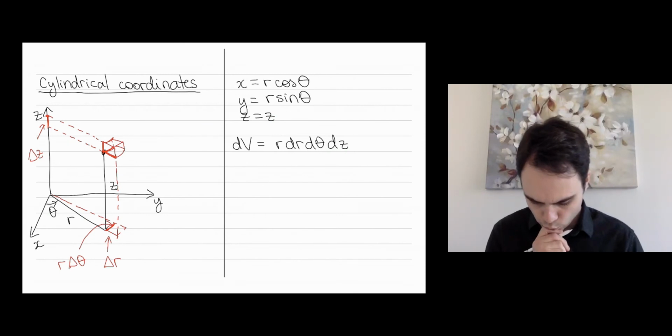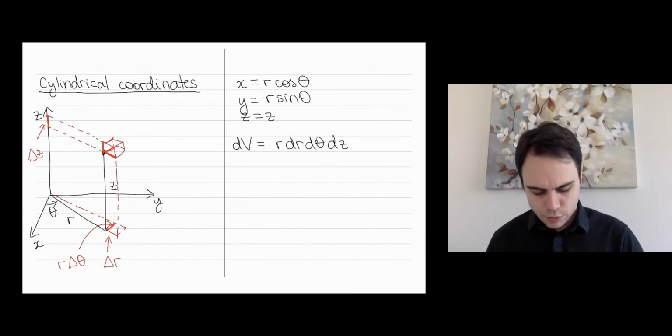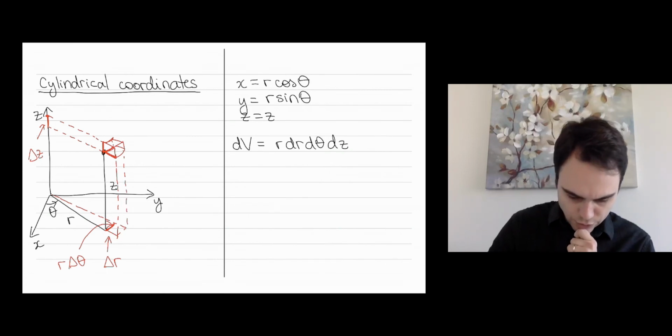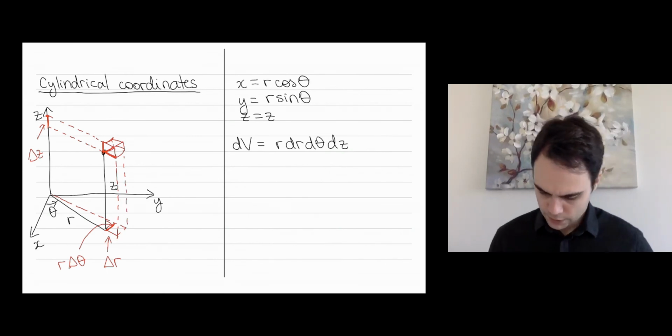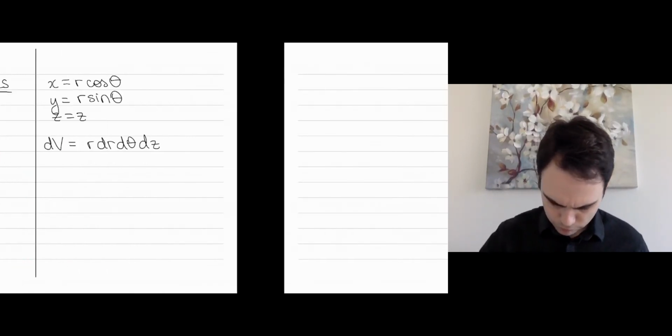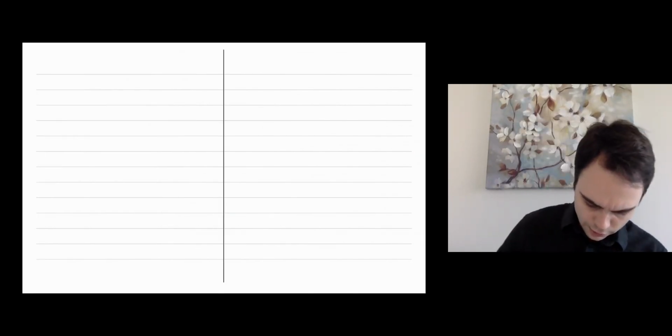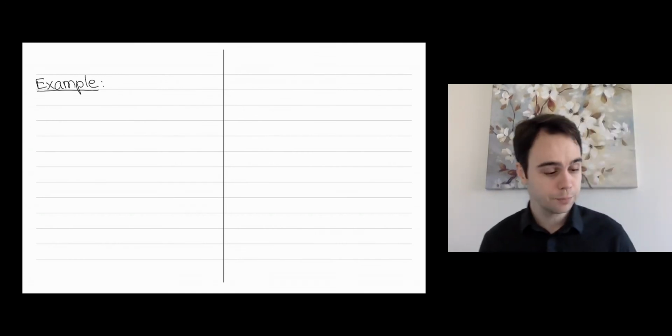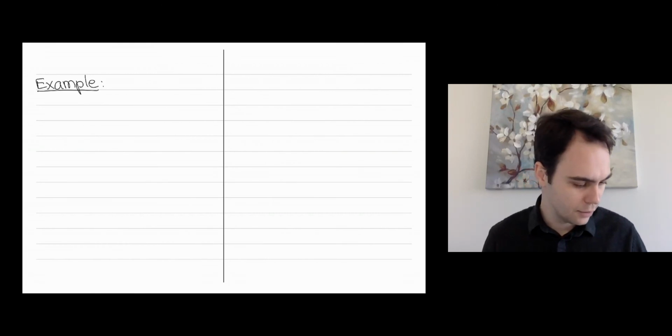Okay, so let's do one interesting calculation using cylindrical coordinates to get started. So here's the calculation. We're going to compute a moment of inertia, and the shape will be a rectangle.